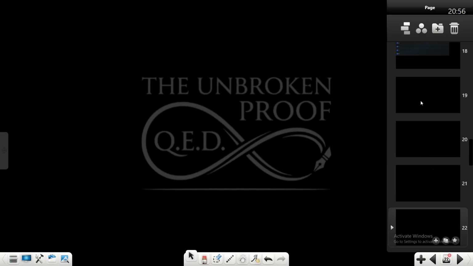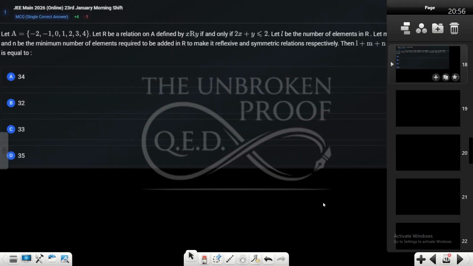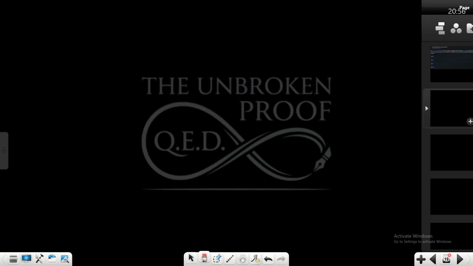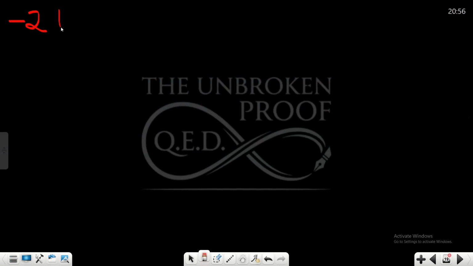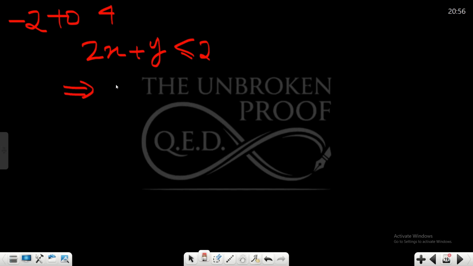Now the set given is from minus 2 to 4, and the inequality is 2x plus y is less than or equal to 2. Now if I keep this 2x on the right hand side, then we'll get y is less than or equal to 2 minus 2x, so this can be written as 2 times 1 minus x as well.